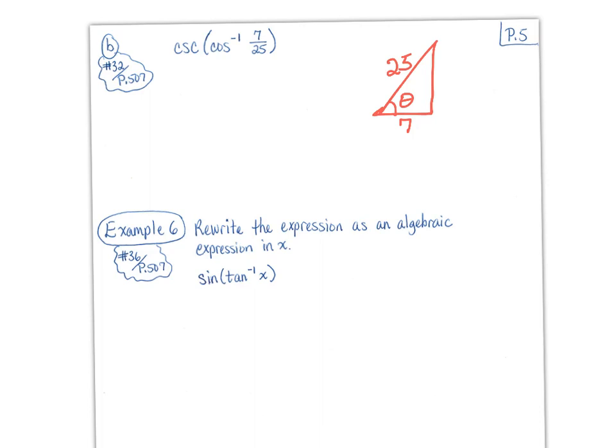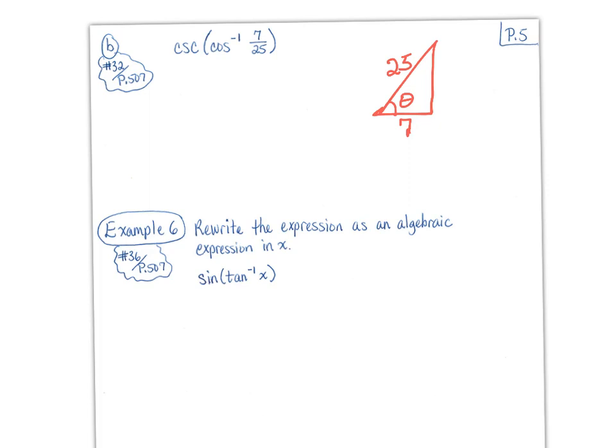And then what did you do from here? Since cosecant is hypotenuse over opposite, I had to find the opposite, which using the Pythagorean theorem is 24.